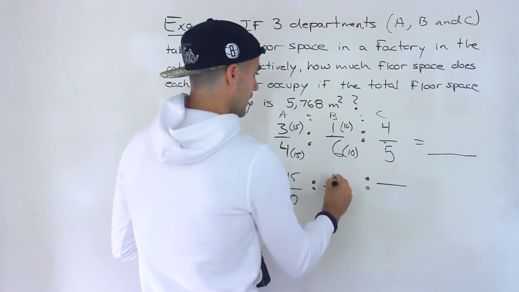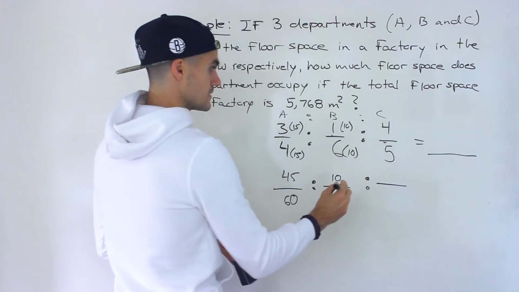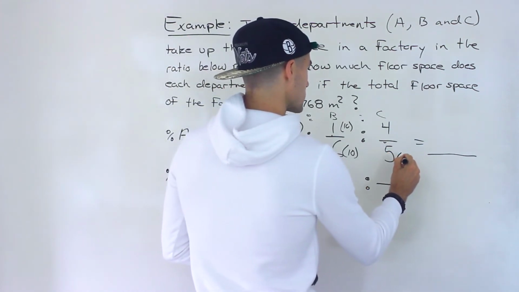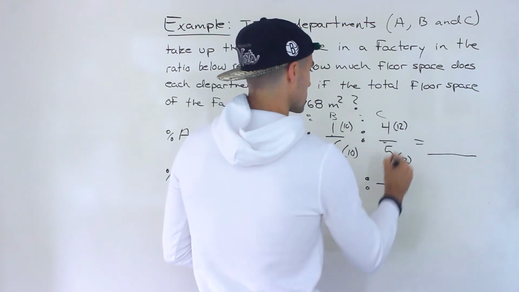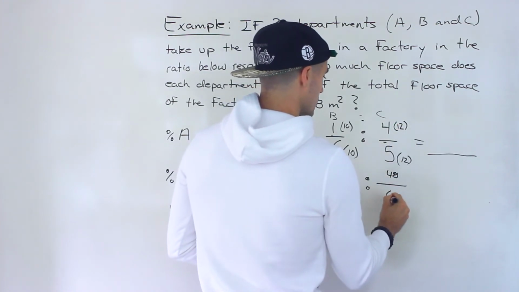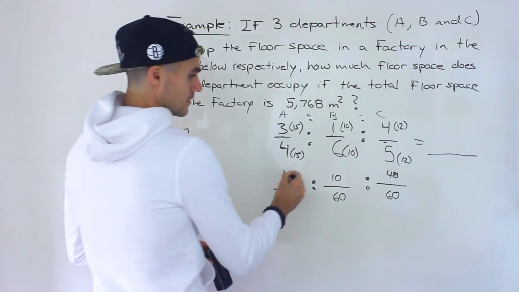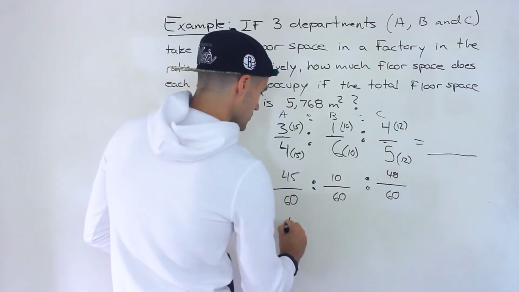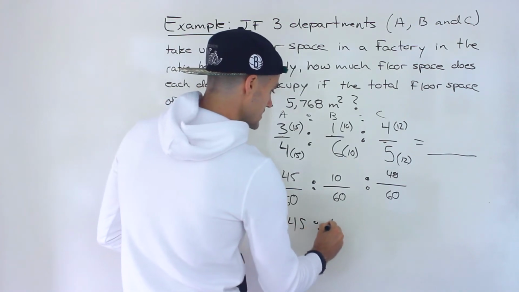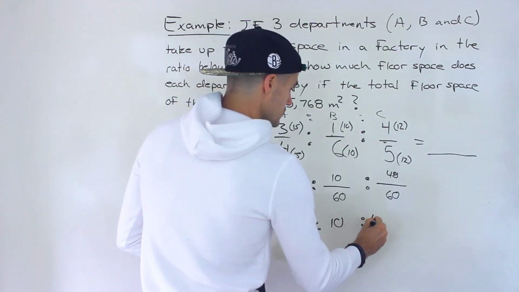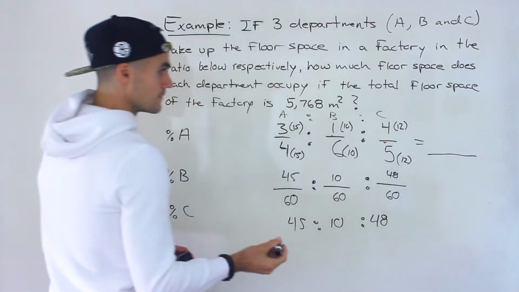So we'd end up with 10 over 60. Then multiply this by 12, multiply this by 12, so we'd end up with 48 over 60. And then we can just take the numerator. So we'd have 45 to 10 to 48.